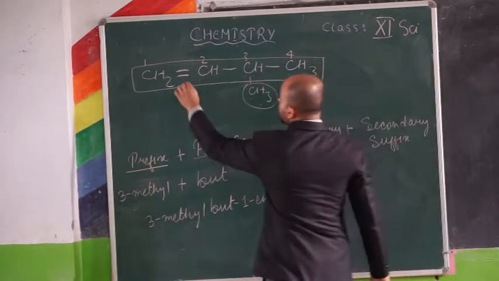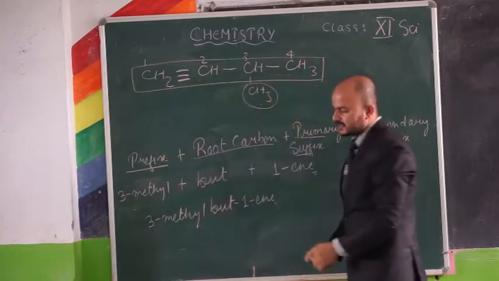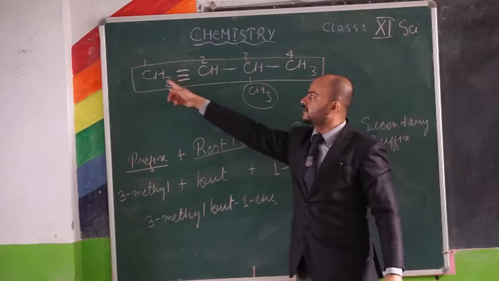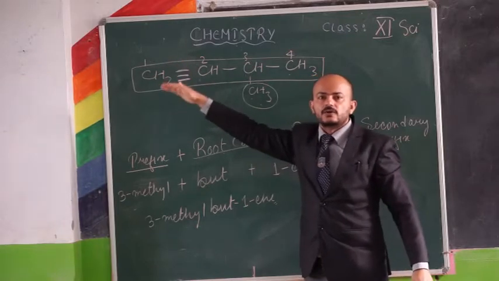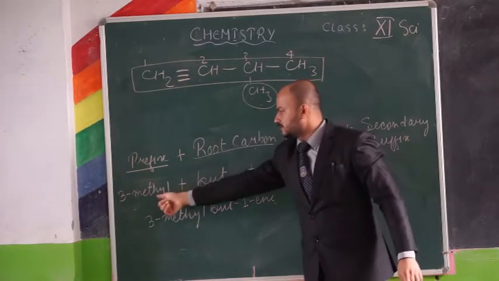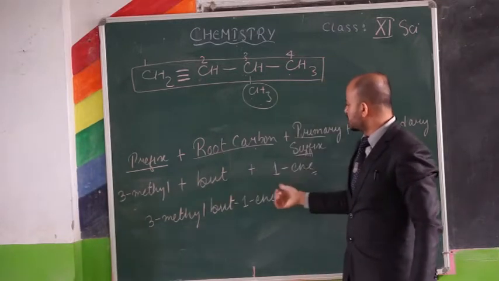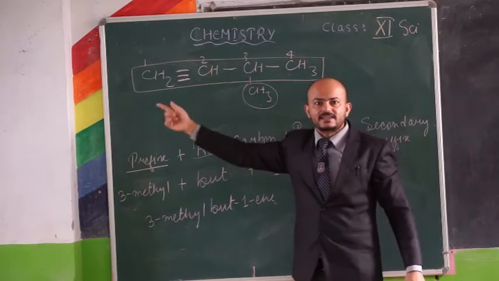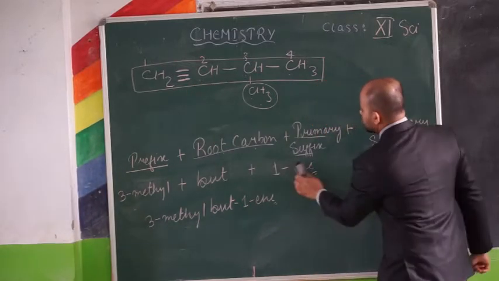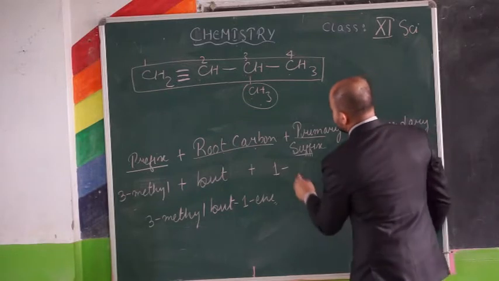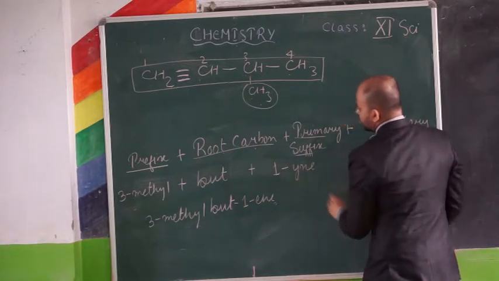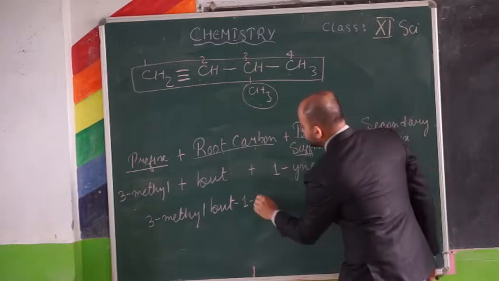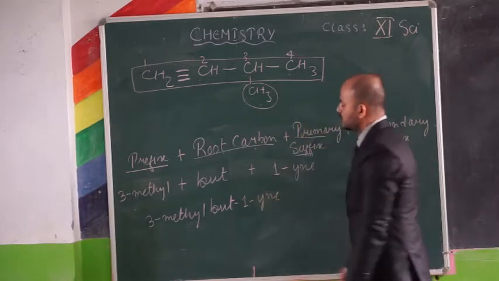Had it been a triple bond over here, the numbering would be the same, because the triple bond also has to come at the lower carbon number. So 3-methylbut, but instead of 1-ene, this triple bond is alkyne, Y-N-E. Therefore, here now it will be yne.